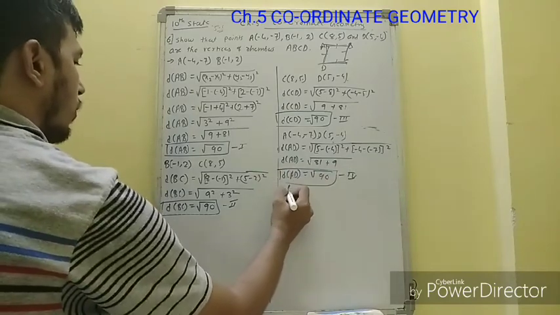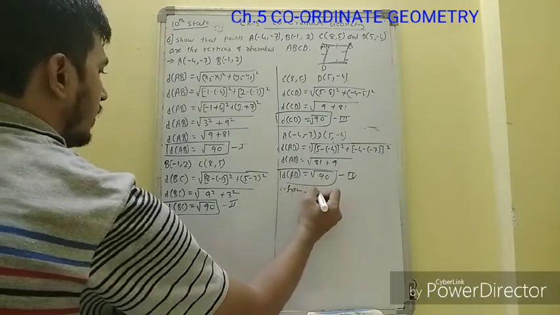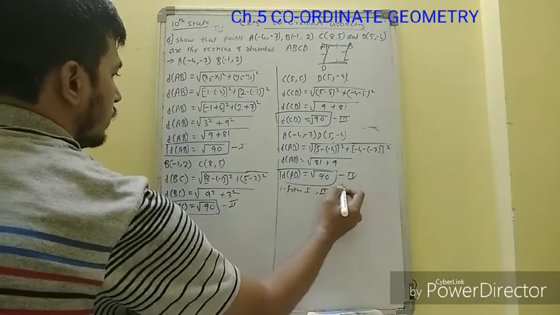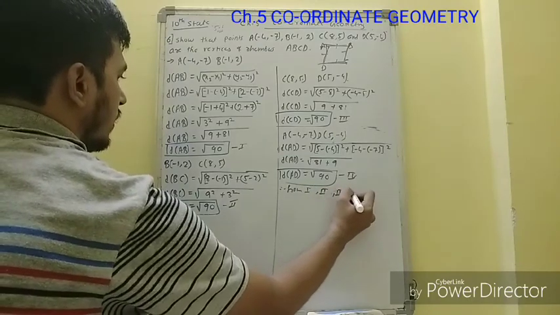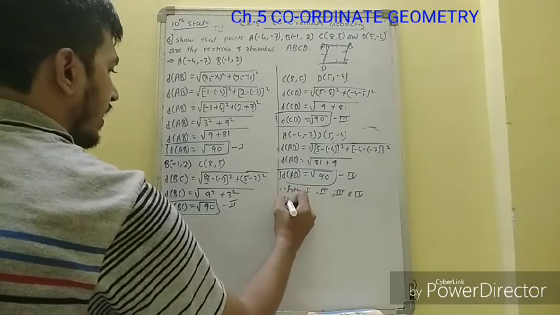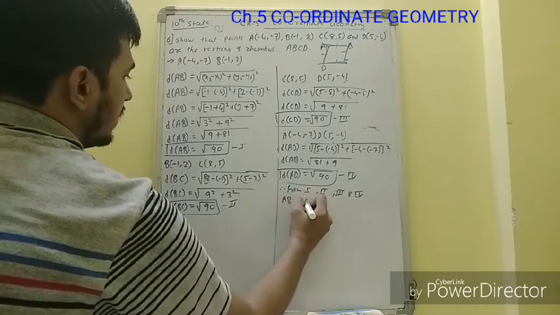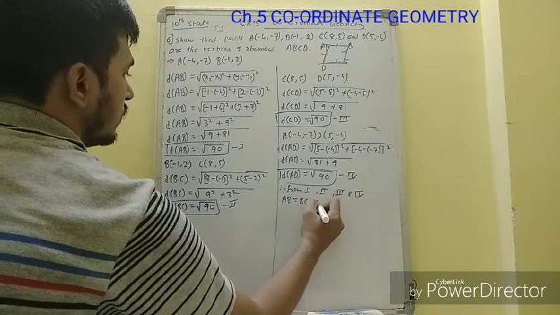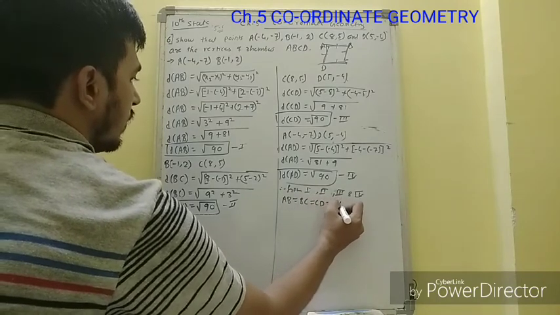Okay, therefore from 1, 2, 3 and 4 we can say that AB is equal to BC is equal to CD is equal to AD.